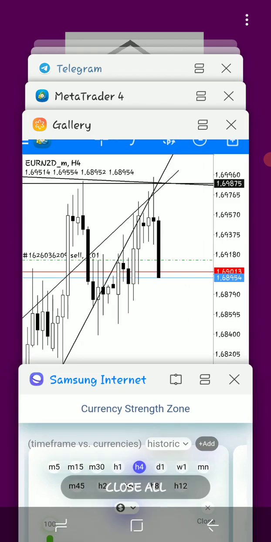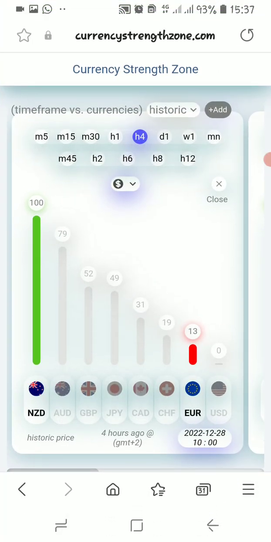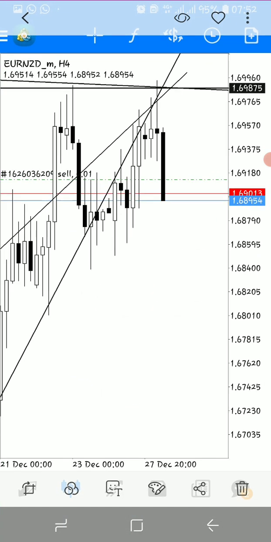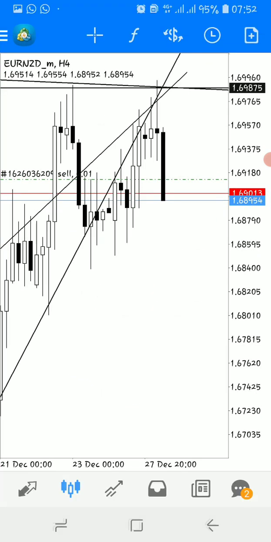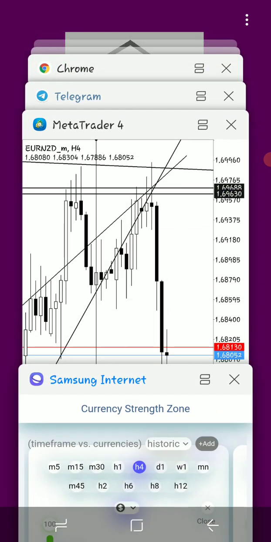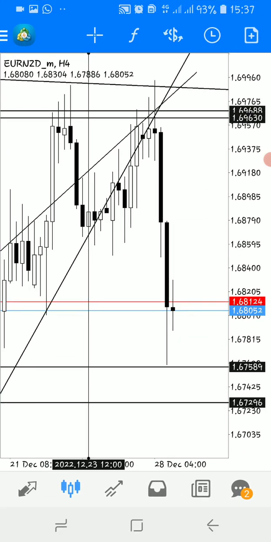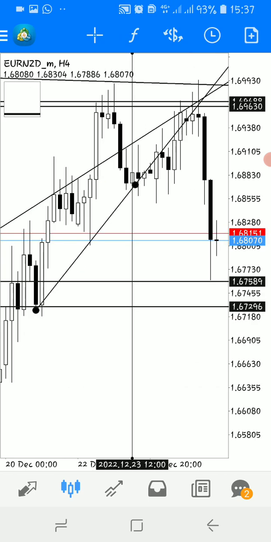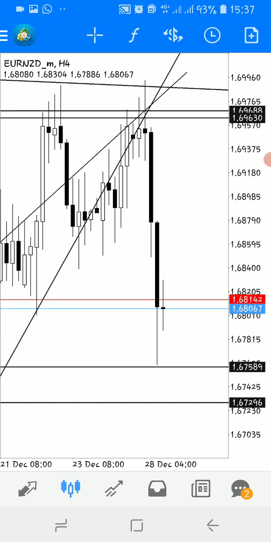So immediately we see this signal. What do we have to do? You have to go on the chart and check if it obeys the key levels in the forex market, such as support, resistance, or trend line. Here's a trend line. It has to obey at least one of them, or more.